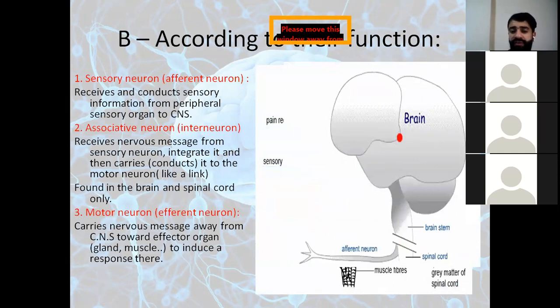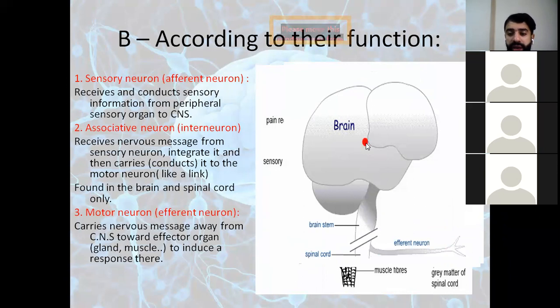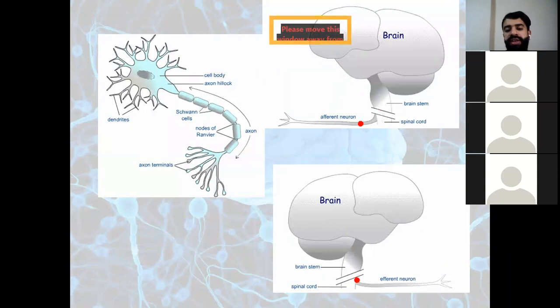Here, upon stimulation, the afferent neuron carries a message from the sensory organ toward the central nervous system, which in this figure is the brain. Then a nervous message is sent from the brain toward the effector organ through a special neuron called the motor neuron or the efferent neuron. So here is the difference between the afferent and the efferent.